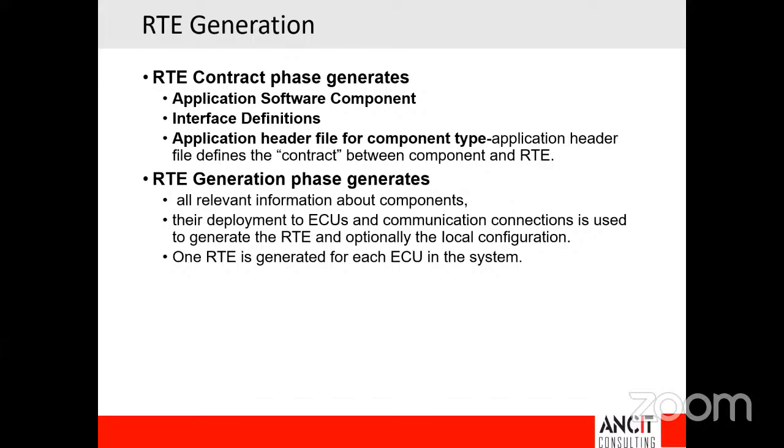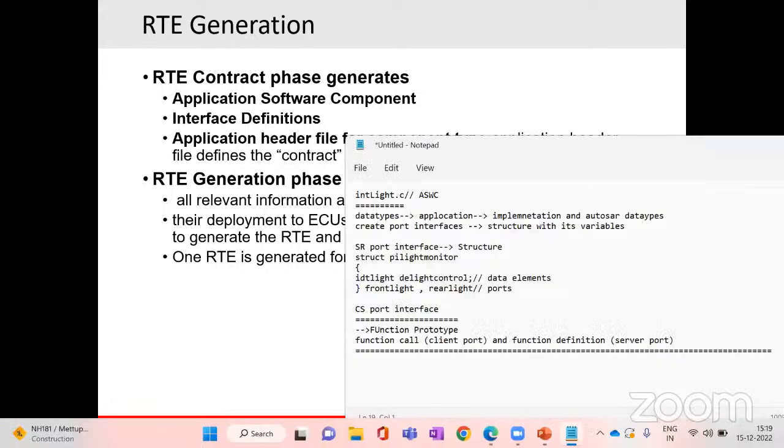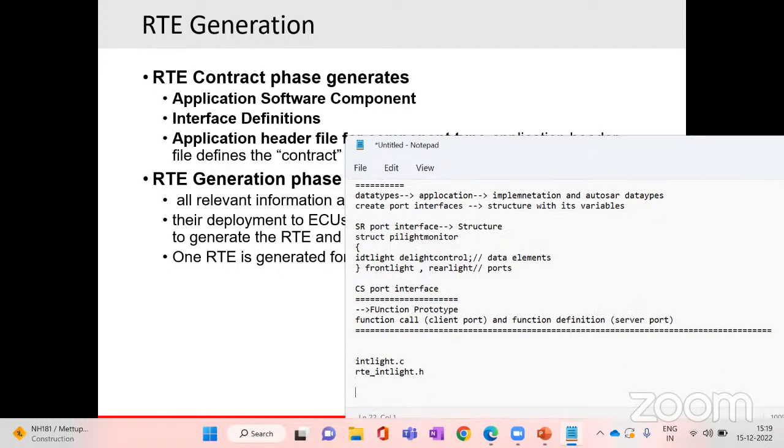So at a high level, I'll have one interior light .c file, one RTE underscore int light .h file. I will have all the APIs. Inside the .c file, I'll have runnables.